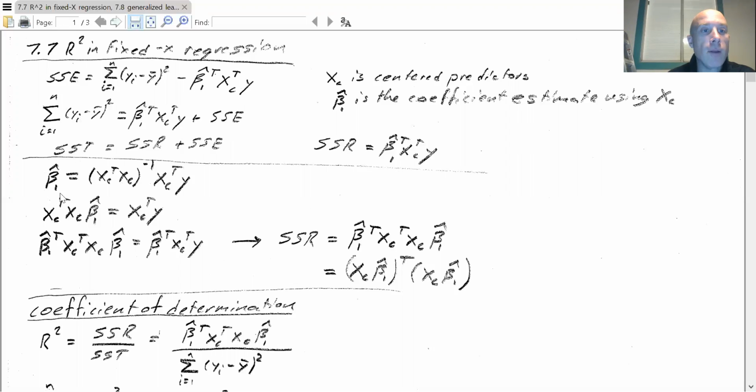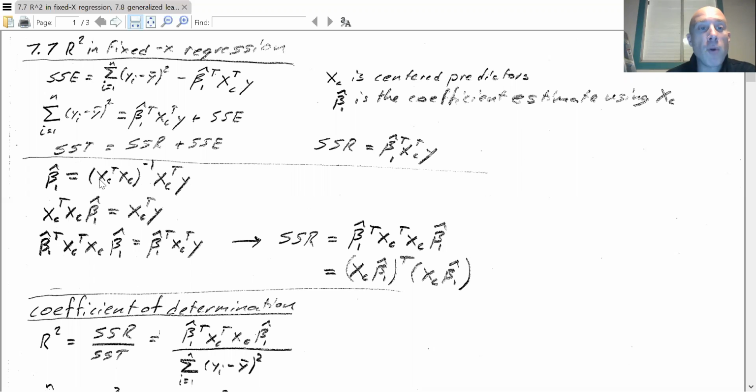We'll go ahead and remember that beta 1 hat is the centered version of the x estimate of the slope. So remember that we are making our reference point the x bar vector, y bar, instead of going through the 0 vector. Well, if this is the situation I have, here is how I estimate the slope.